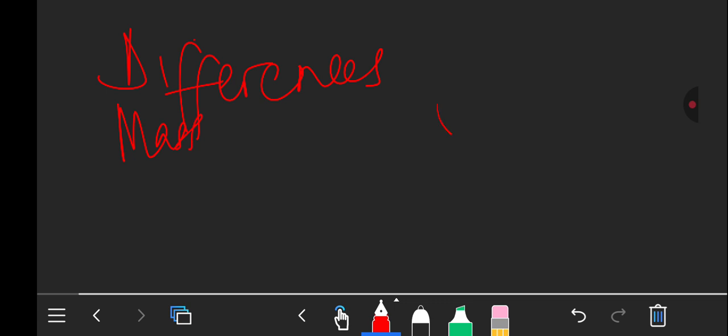So let's understand now the difference between mass and weight. Let's understand the differences. So we have mass here, we have weight.